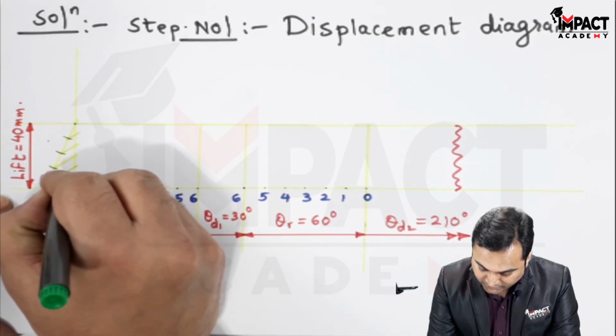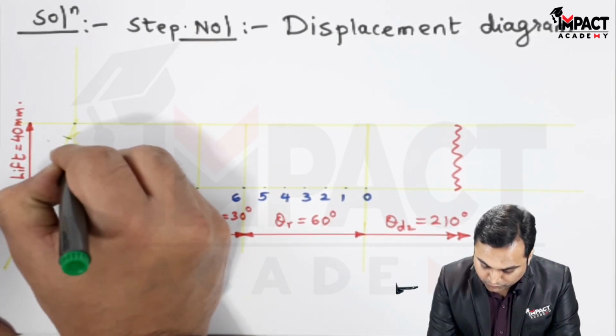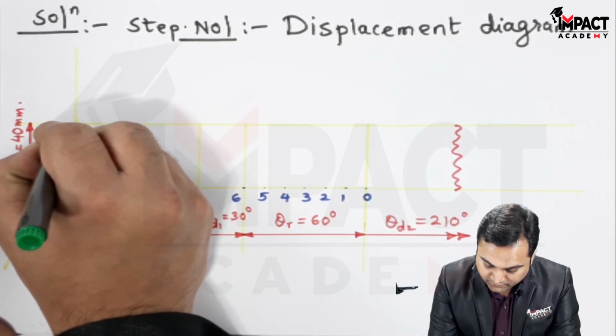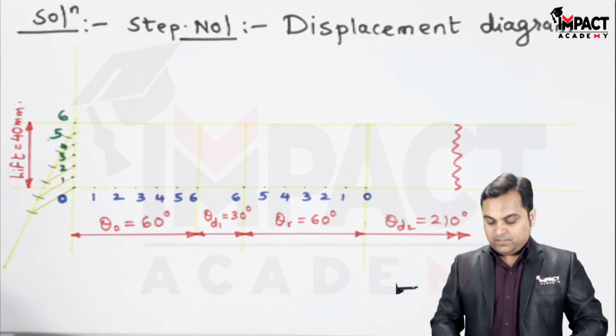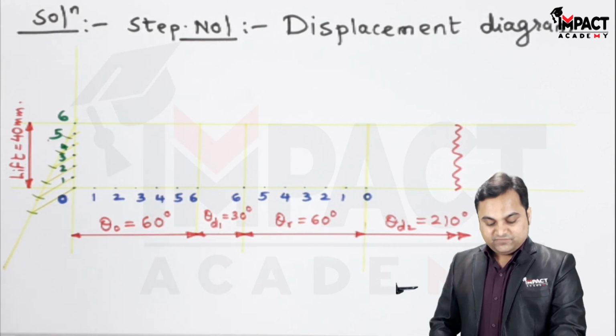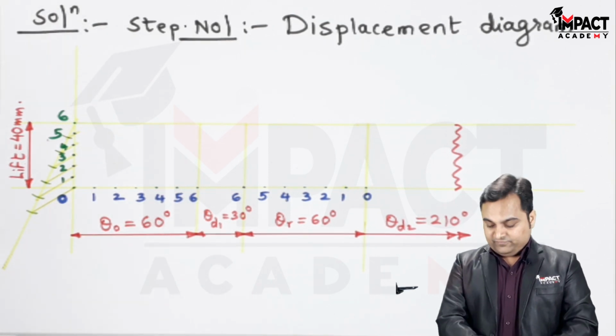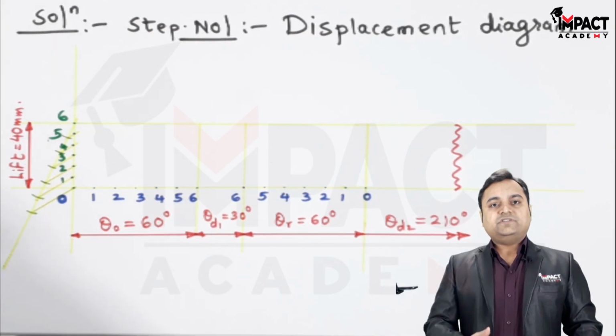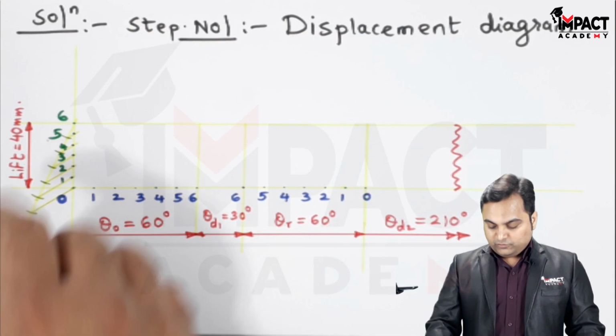Again, this will be 1, 2, 3, 4, 5 and 6. So this is the way in which we should divide the lift if the divisions are in the form of decimal.